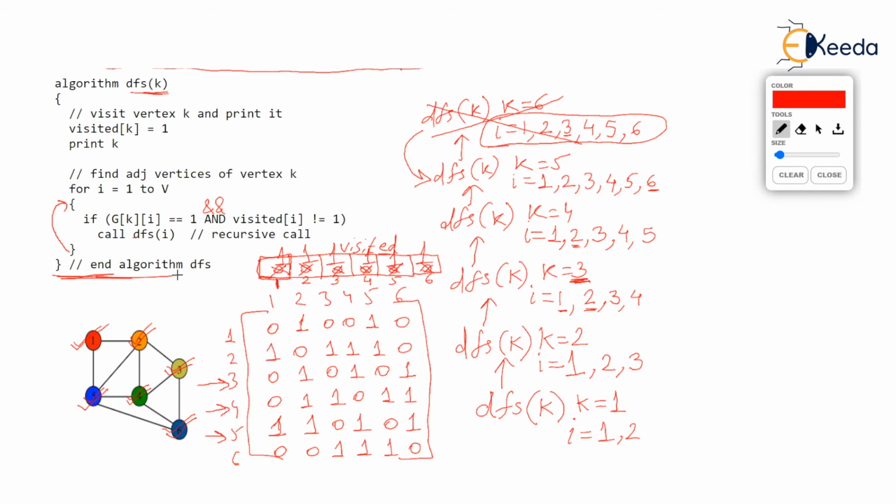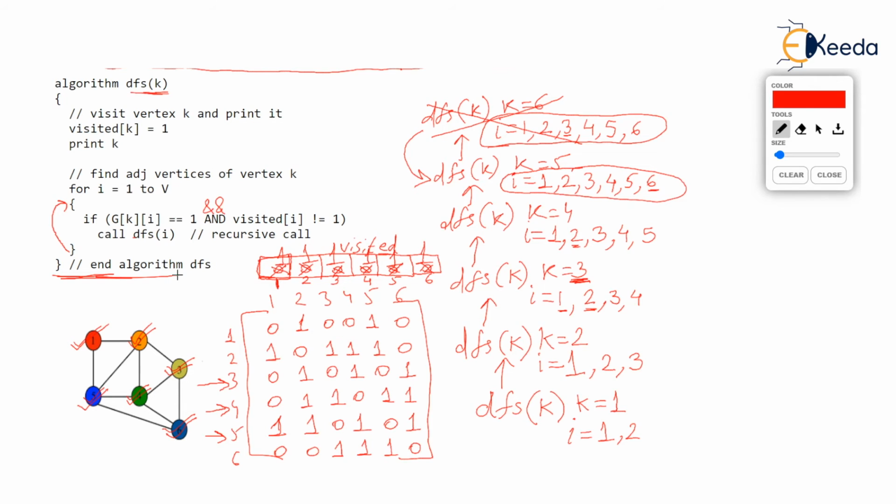But what was DFS(5) doing? DFS(5) was inside its for loop, isn't it? So when DFS(k) with k equal to 5 resumes, it says I will repeat my for loop. I will take the next I, where I was supposed to go from 1 to 6. But you observe very importantly, I has already approached 6. How can it repeat the for loop anymore now?